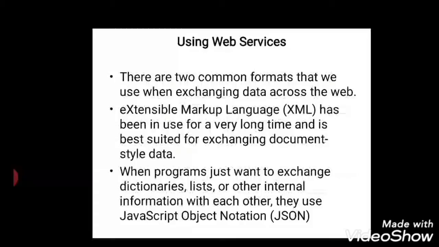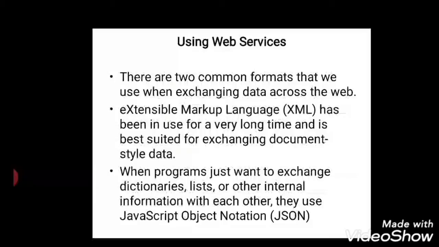Okay, so now we'll see how Python can be applied for this process. We have two common formats that we use when exchanging data across the web. One is XML and the second one is JSON. XML is Extensible Markup Language.